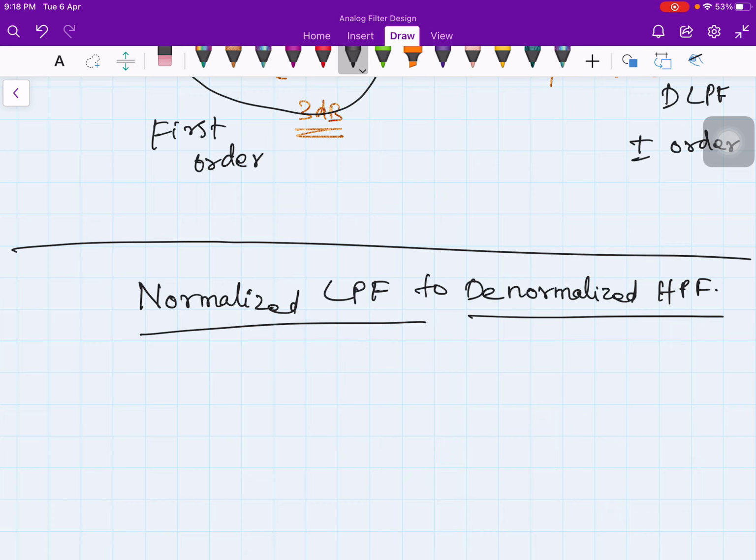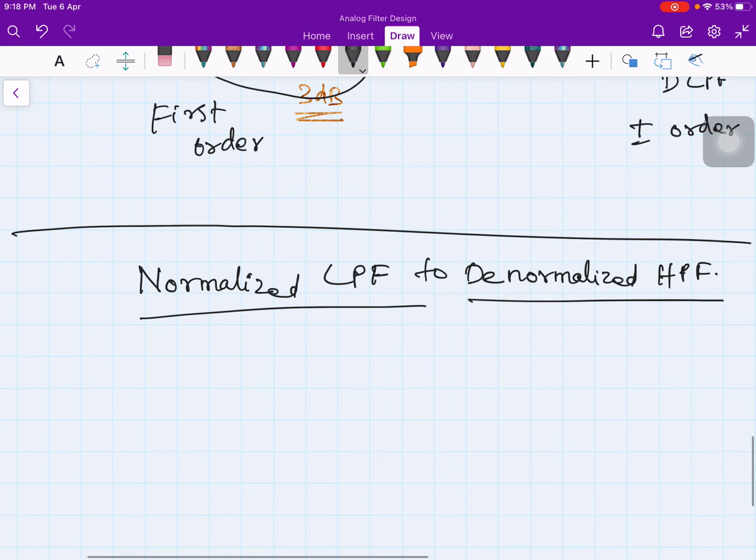When you convert a normalized LPF to a denormalized LPF, the things are very simple, but they are not that simple when you go to other kinds of filter.